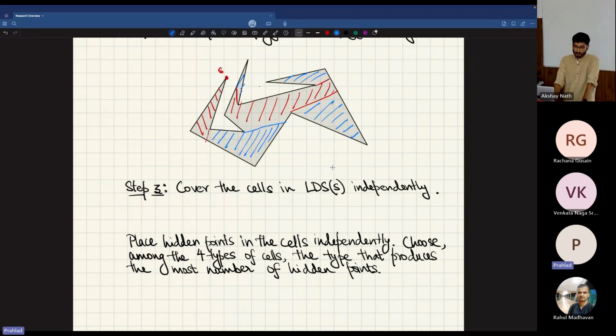So one thing that we notice is that each of these polygons are indeed, yeah, please. Sure. A visibility polygon of a particular point is the set of all points that it sees.